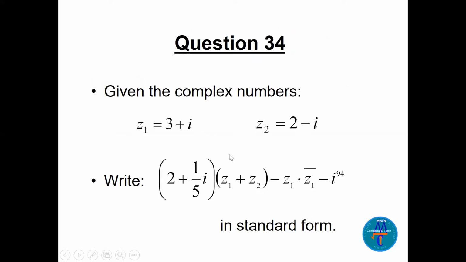Given the complex numbers z1 and z2, simple and easy, write all this in standard form. We need 2 plus 1 over 5i, z1 plus z2, minus z1 times z1 bar, that's the conjugate, minus i to the power 94. We need the whole answer in standard form.